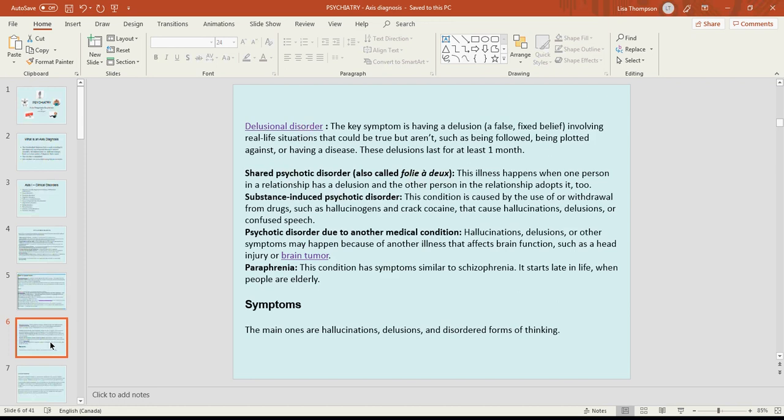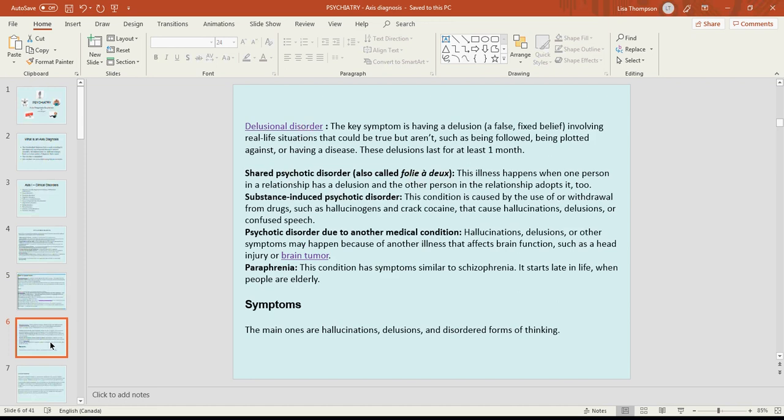The key symptom is having a delusion, a false fixed belief involving real-life situations that could be true but aren't, such as being followed, being plotted against, or having a disease. These delusions last for at least 1 month. Shared psychotic disorder, also called folie à deux. This illness happens when one person in a relationship has a delusion and the other person in the relationship adopts it too.